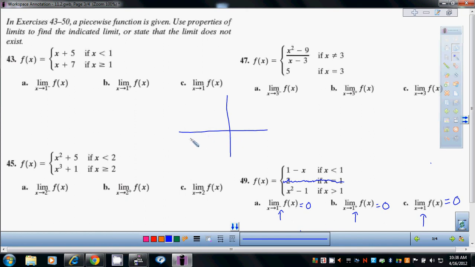But you might get something like this, where one comes down and stops here, and the other one might pick up here. And see, then your left-hand limit would, let's call this -3. Let's call this +3. I'm completely making up these numbers. Don't wonder where they're coming from. But you might say, well, the left-hand limit, as I come in from the left, was -3. And as I come in from the right, was +3. But the overall limit doesn't exist since they go to two different places.